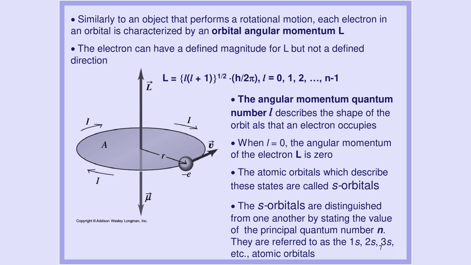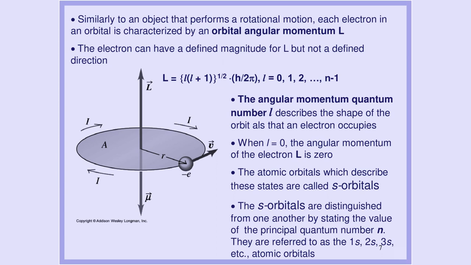The atomic orbitals which describe these states are called s orbitals. The s orbitals are distinguished from one another by the value of the principal quantum number n. They are referred to as 1s, 2s, 3s, etc. atomic orbitals.